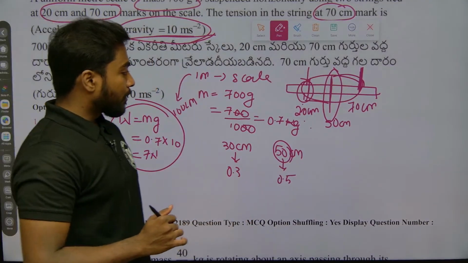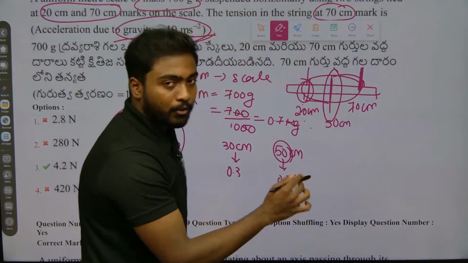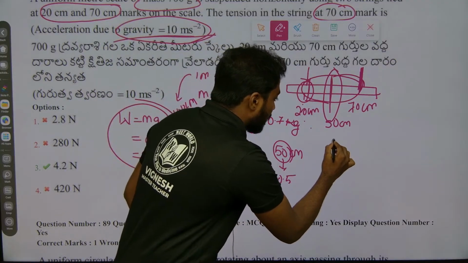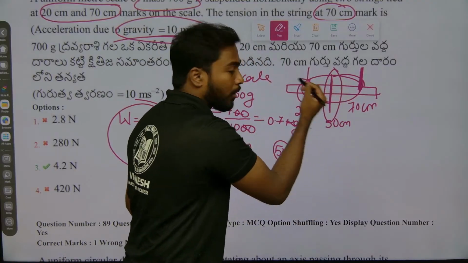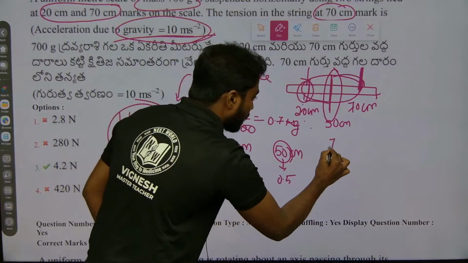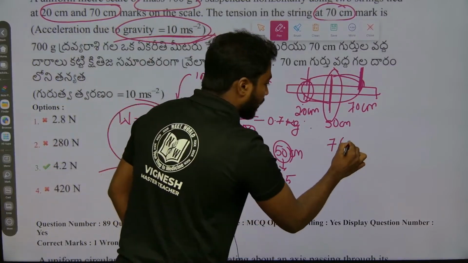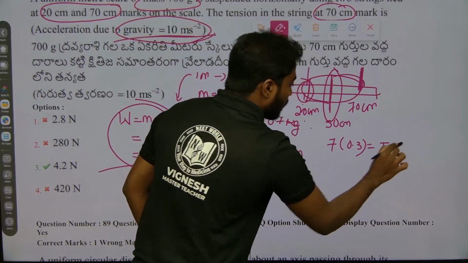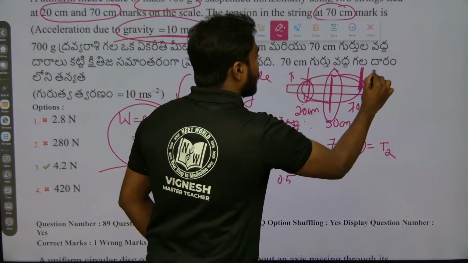Now listen carefully. Torque in the sense force into the distance, right? What is the force here? Like from the center point we have taken, that is 7 Newton. The distance is 0.3, is equals to tension 2. Like this is the tension 1 and this is the tension 2, right?